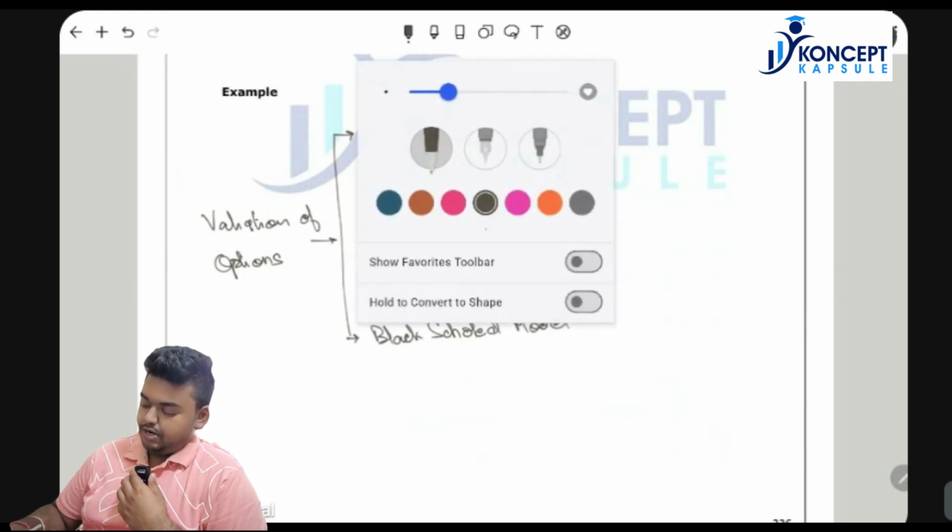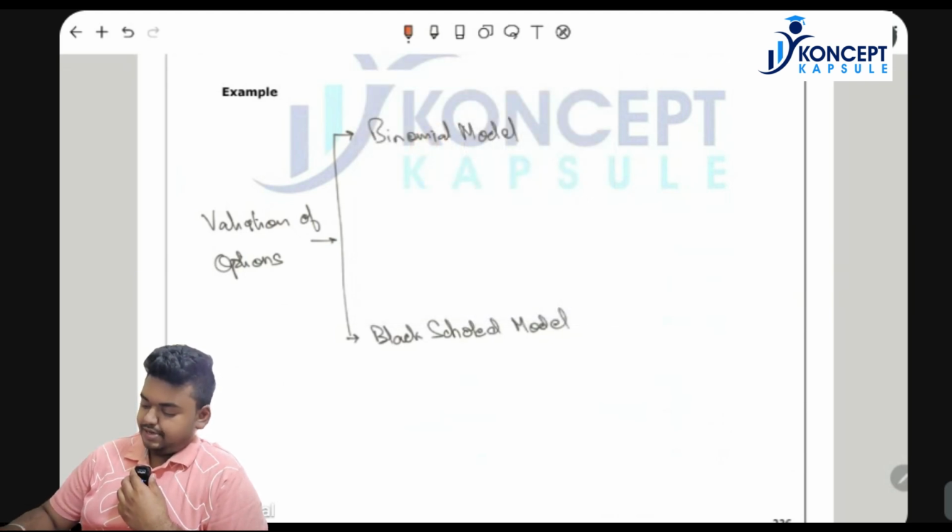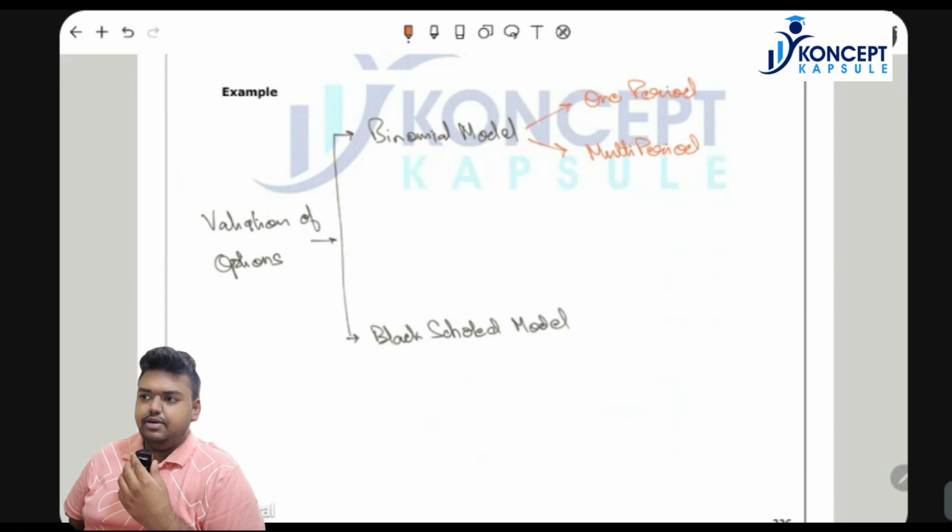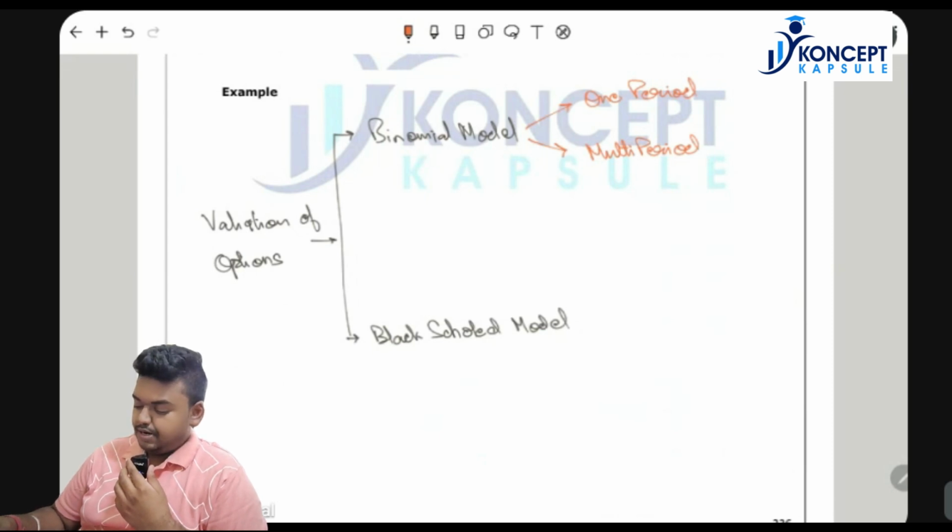Binomial model again is usually one period and multi-period, and usually you don't have any bifurcation for Black-Scholes, but Black-Scholes model is an advanced model, and you will learn this model in level 2.